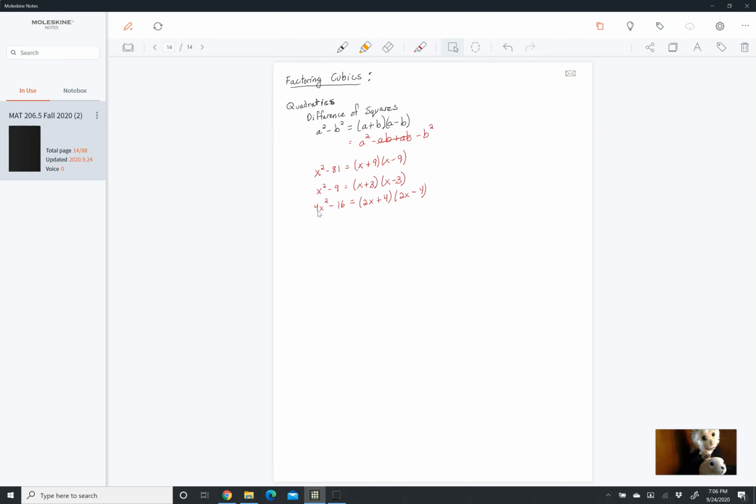If we had 16x squared minus 9y squared, this is also factorable. It's also a difference of squares. This would be 4x plus 3y times 4x minus 3y. So as long as we have a difference of perfect squares, we can factor it.